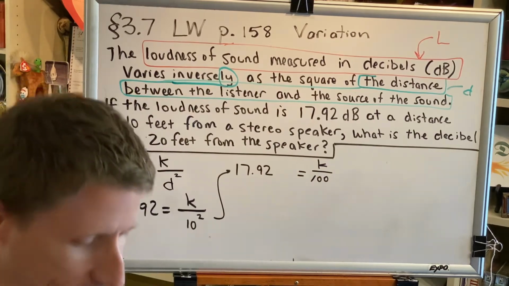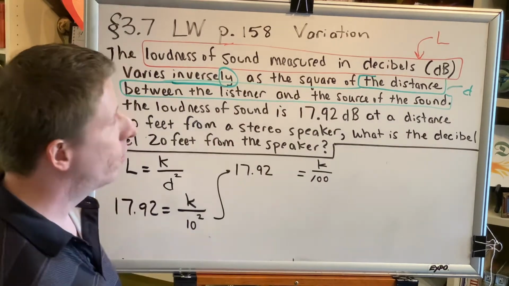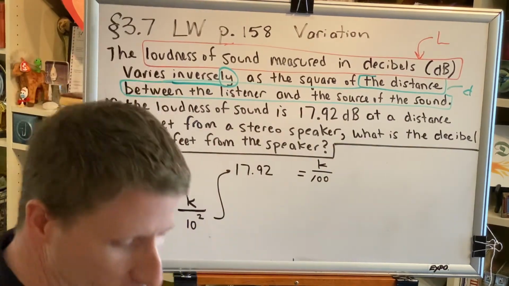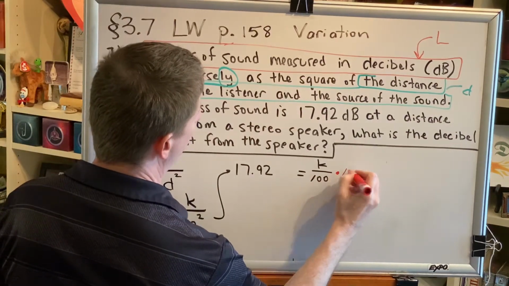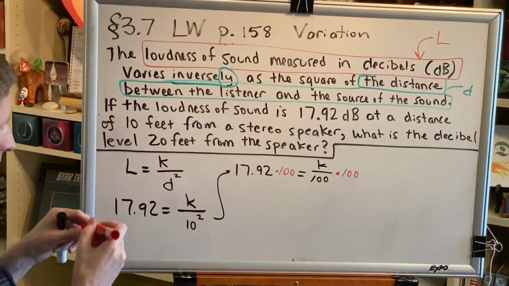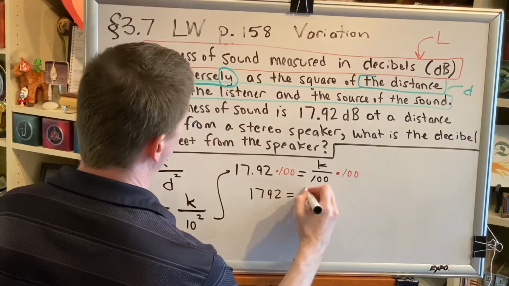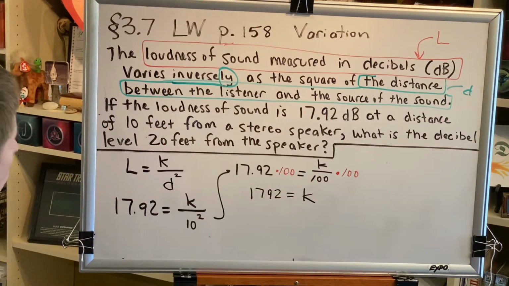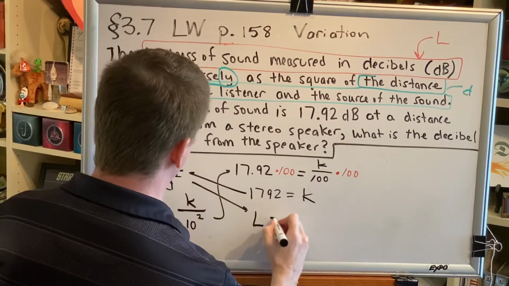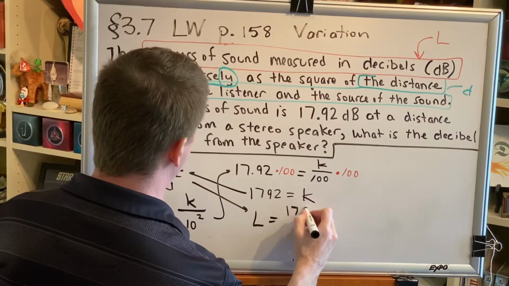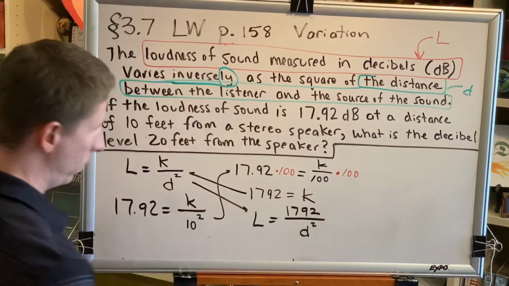I would like to get K by itself. What's near the K? A 100. What is it doing? Dividing. To get K alone, we need to do the opposite. What's the opposite of divide? Multiply. So times 100 on both sides of the equation, and we get the new statement, 1,792 equals K. We can now put that in our equation to create a variation equation that tells us the relationship between distance and loudness.